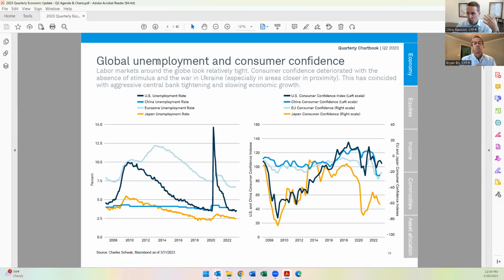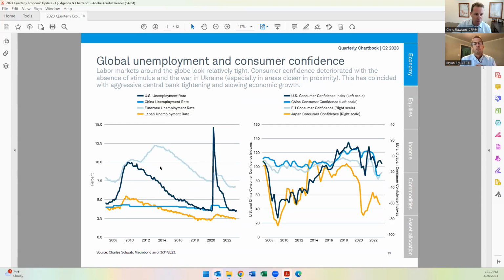Okay, so we're still in global unemployment. This is in part why we're going to talk about inflation, ongoing inflation. You see the US here, overall unemployment quite low. We've known that, and there are more highlights for us to share here. Even if you look at China, unemployment is low, Eurozone low, and this is all the way back to 2008.